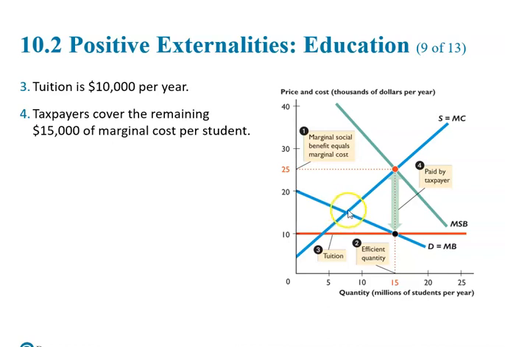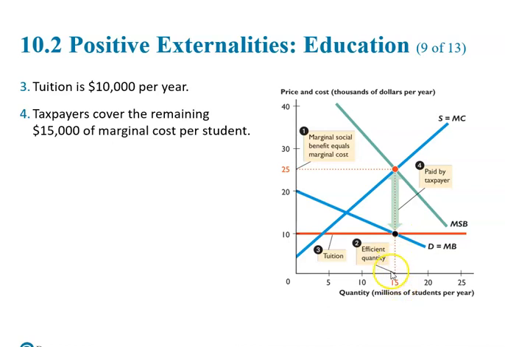So this is the equilibrium point that you will be looking at. But what the government is doing is that, taking into account this marginal private benefit curve, they are looking at what price should be charged by the government to make sure that 15 million students will get enrolled.